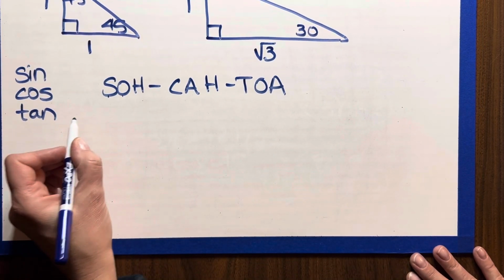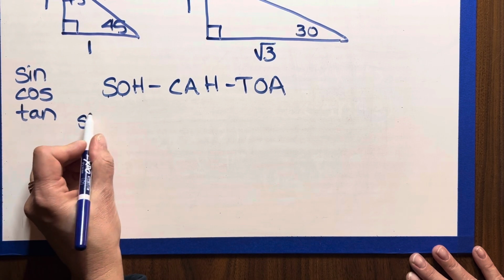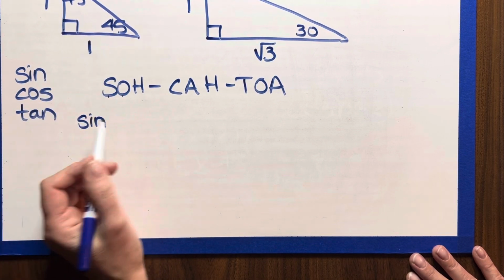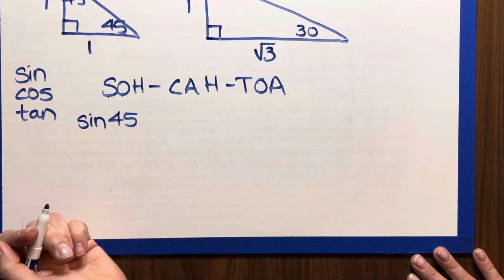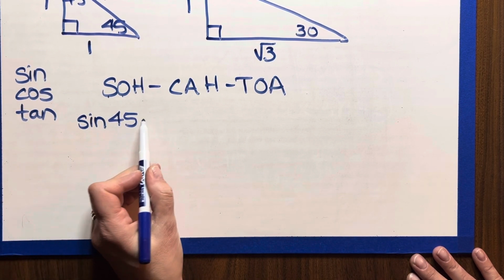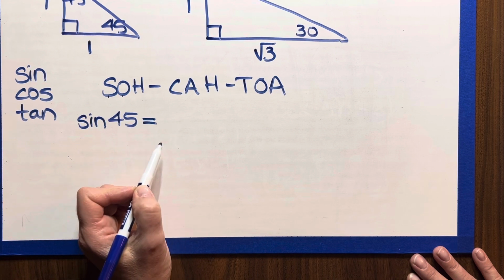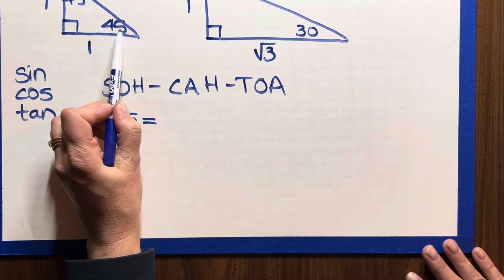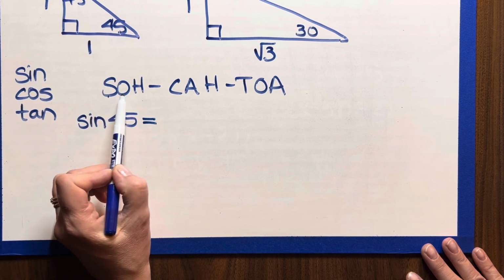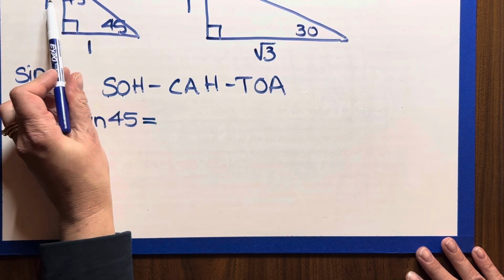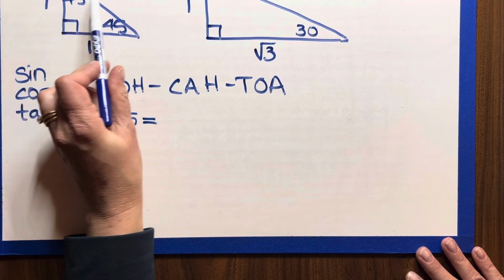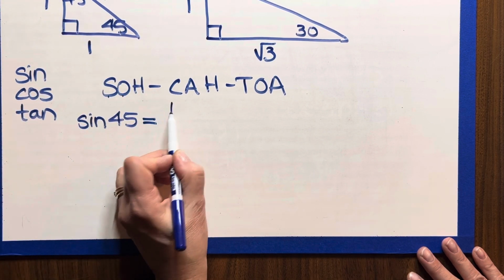So we're going to start off with the sine, and we are going to do the 45 degree angle. I need to know the exact value of the sine of a 45 degree angle. So when I'm doing the sine, I'm going to choose my angle, and then I'm going to do the opposite side over the hypotenuse. So from here, opposite is 1, hypotenuse is square root of 2.